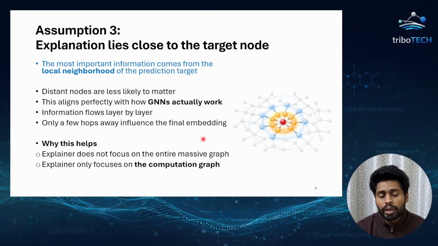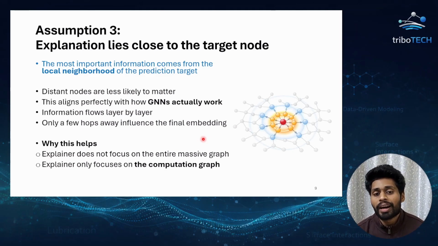Now the downside of this assumption is that if you know about GNNs, you may know a term called expressive power, how expressive a GNN is. By focusing on the local neighborhood only, the explainer becomes less expressive. So this is the cost of increasing computational efficiency.